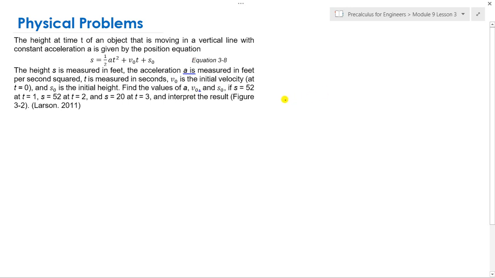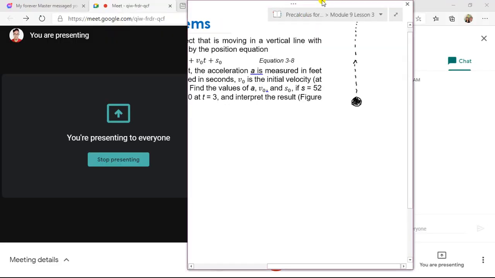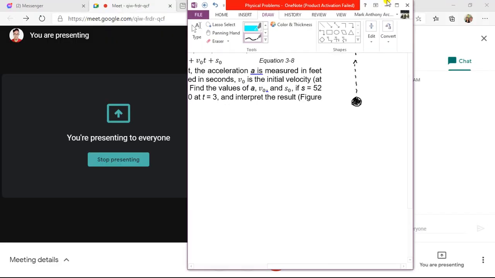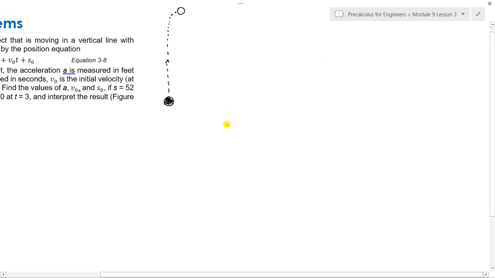So it is vertical motion. Let's say we have here an object. It goes up. Of course, right? When you throw an object upward, it will reach a maximum height, right? It will not go up forever. So it has a maximum height that it reaches.